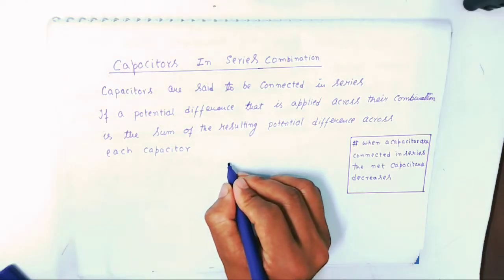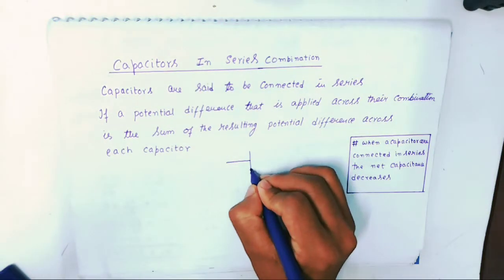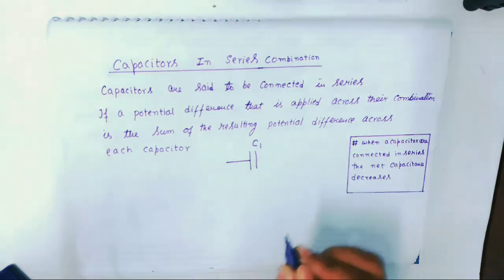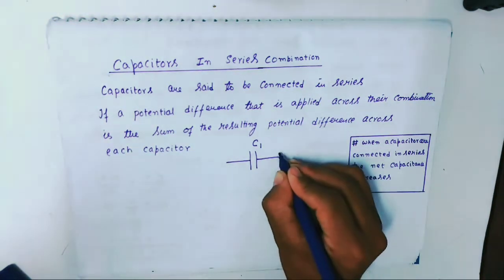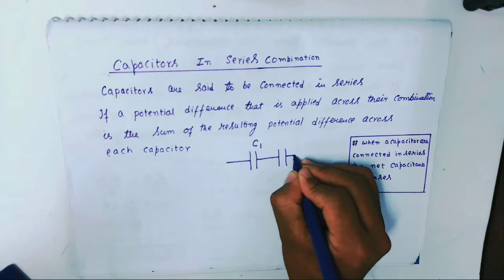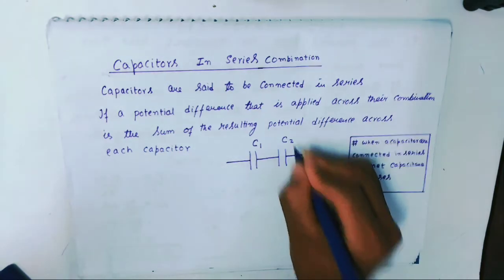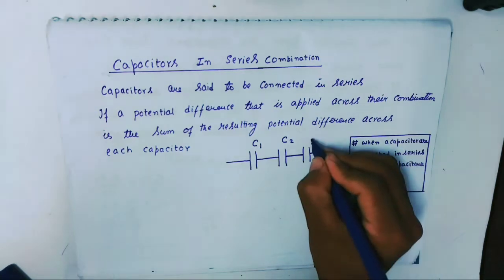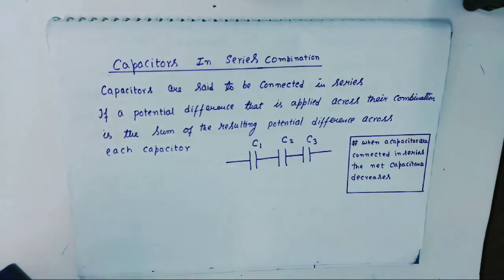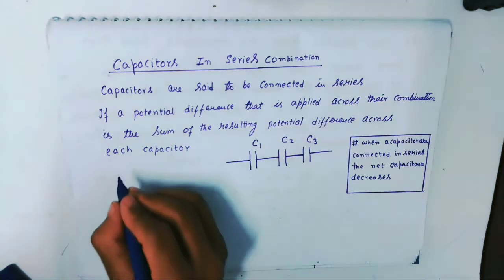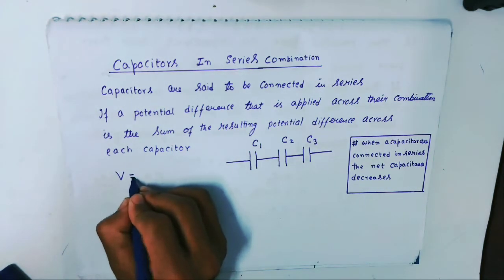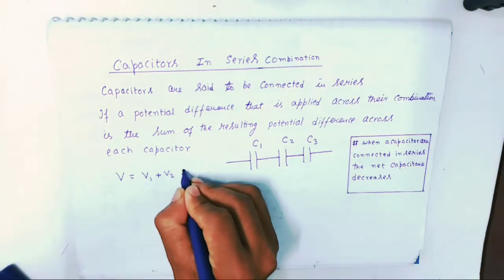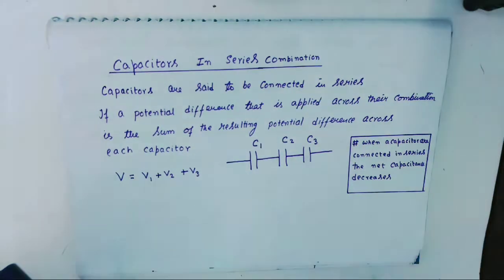If we have three capacitors, say the capacitance of this one is C1, then this one it is C2, and then this one it is C3. Then V equal V1 plus V2 plus V3.